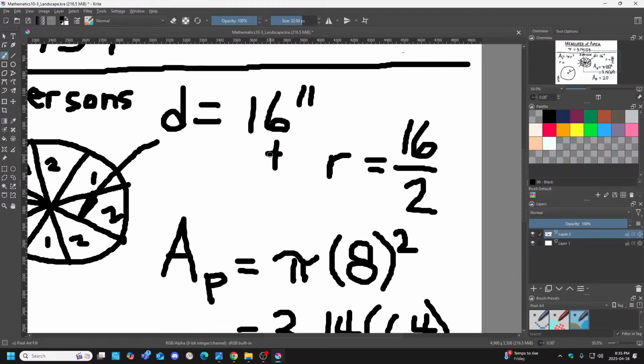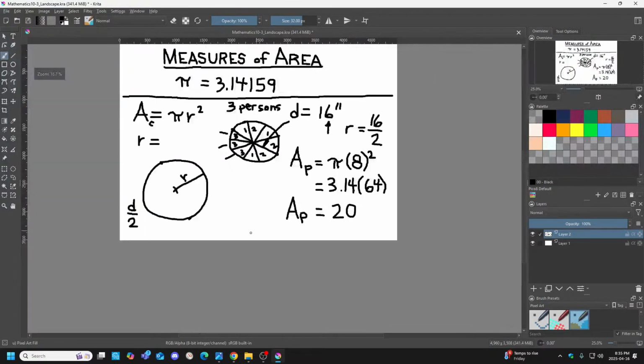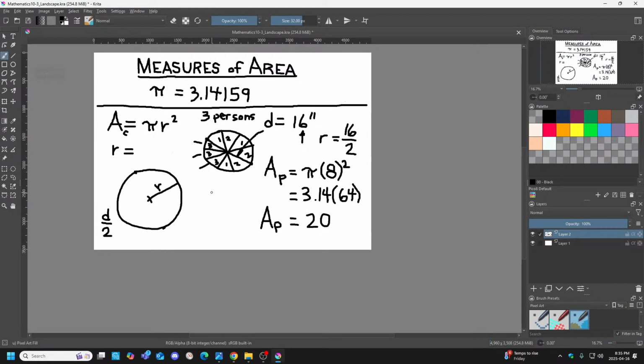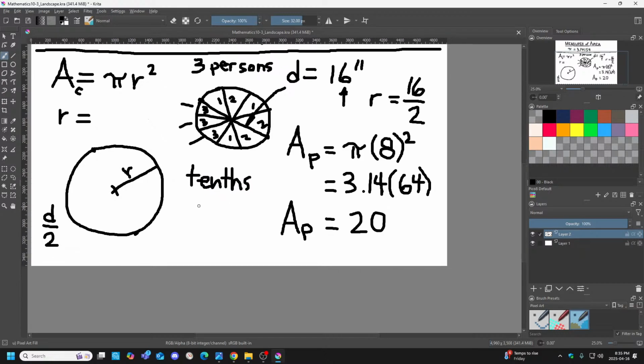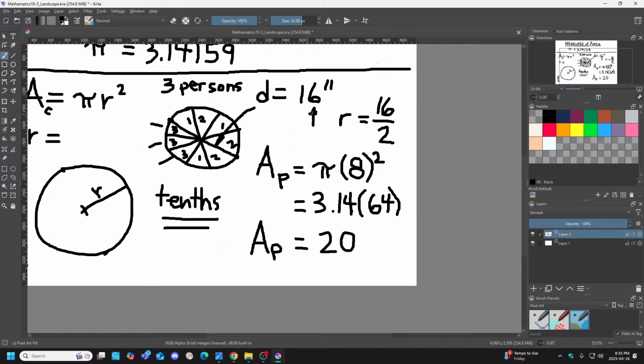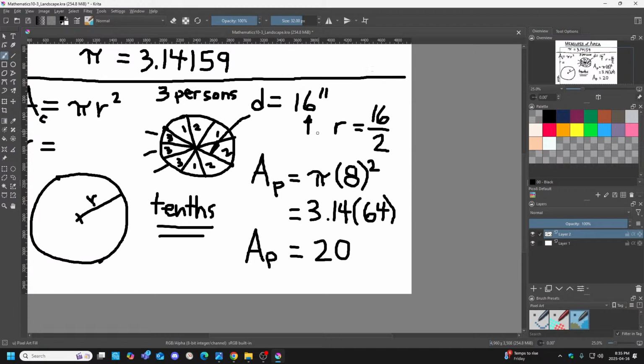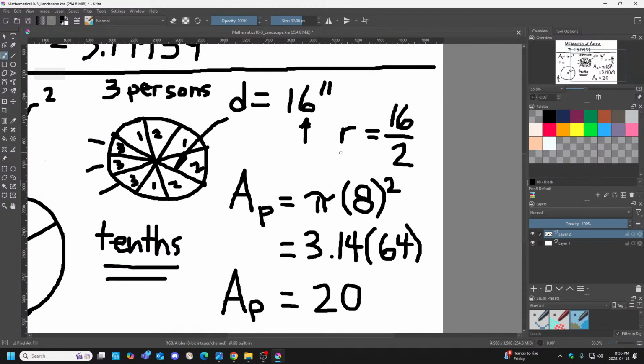A lot of times you'll get asked to place your answer to the nearest tenth. If it says that, just do as they ask. There's no sense arguing. We all agree that our accuracy is to the ones place.